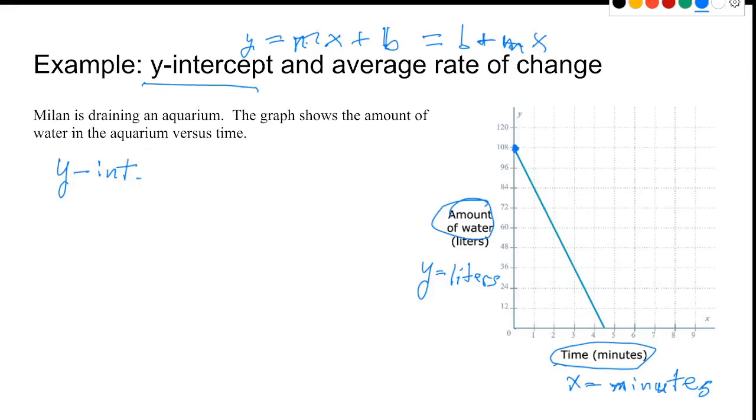We could list it simply as 108 liters, and this is sort of how we can differentiate which variable we're talking about, with the units, and realizing every number that we use should have some sort of units on it. So it's 108 liters.